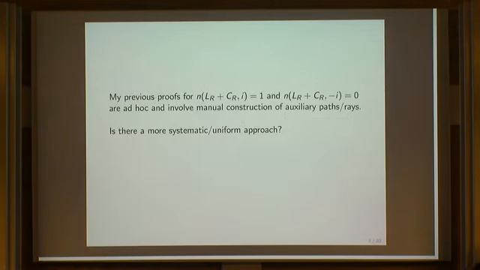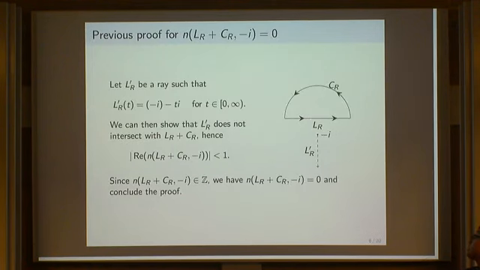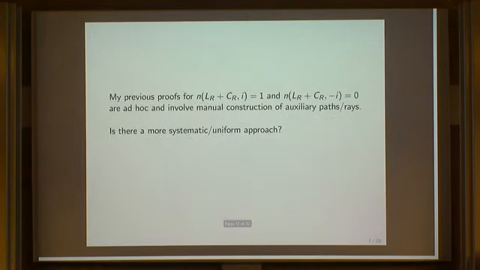As you can see, despite the fact that these two winding numbers are very easy for humans to evaluate, we can clearly see that by definition this should be 0, very straightforward. In textbooks, these kinds of proofs are usually omitted. But in Isabelle, to show this formally is not very easy.